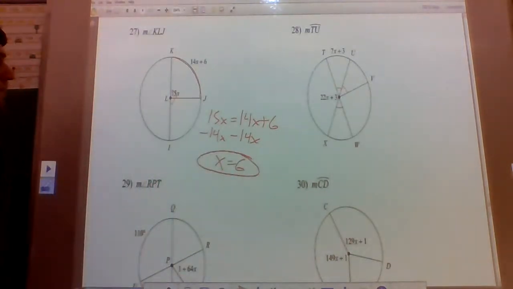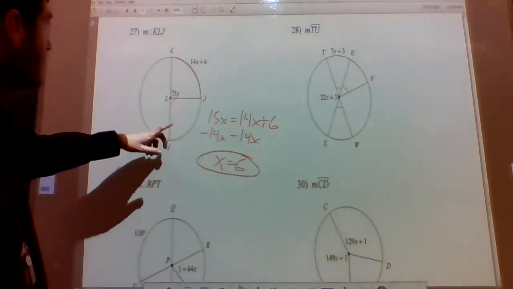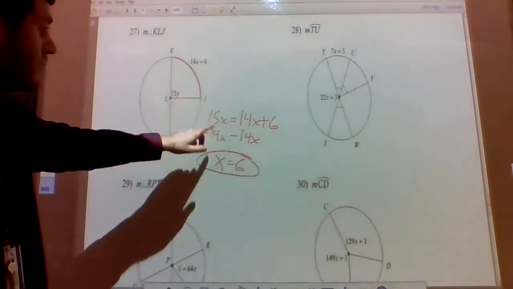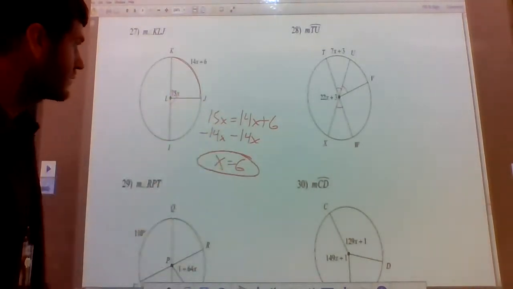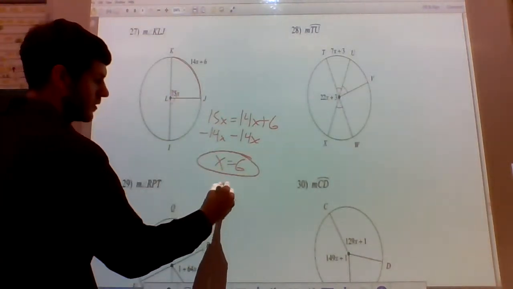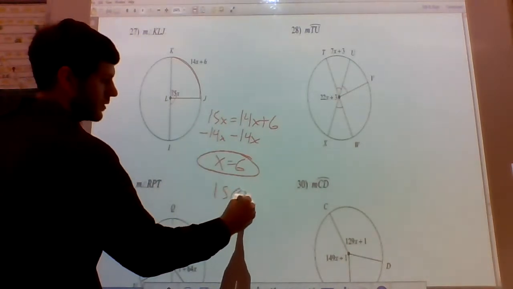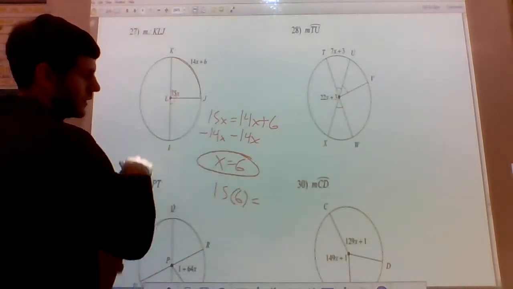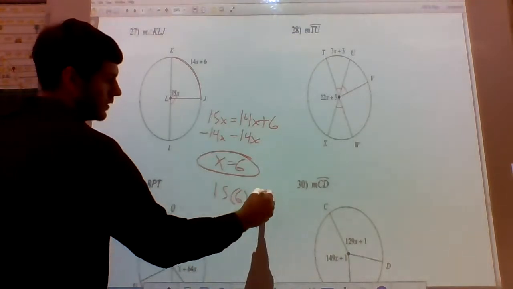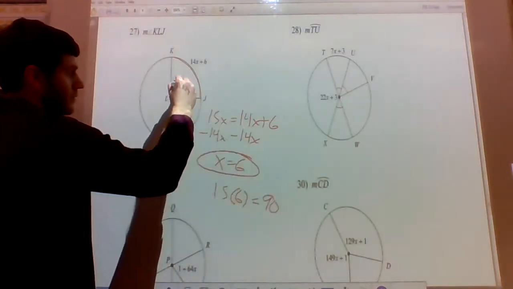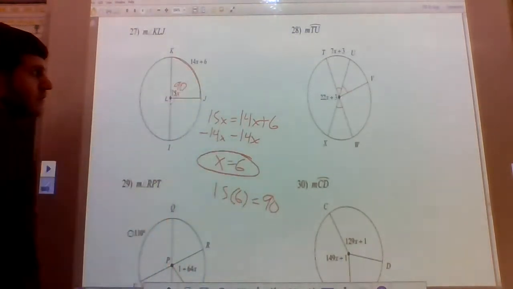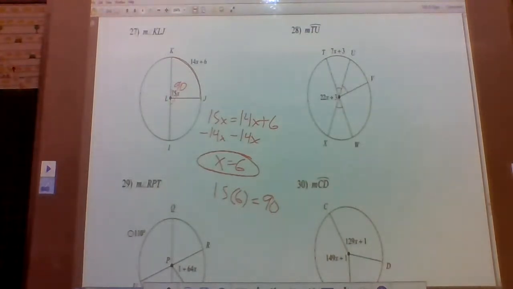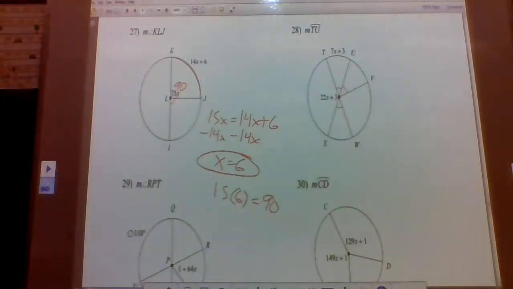If you want to find the measure of angle KLJ, 15 times 6 is going to give us 90. So it's going to be 90. And 14 times 6, that's 28 times 3, that's 84. 84 plus 6 is 90.